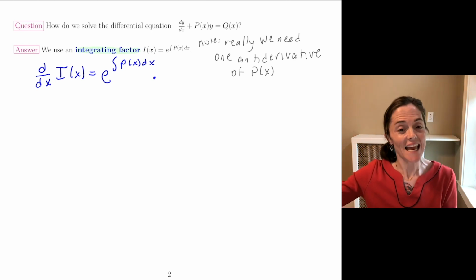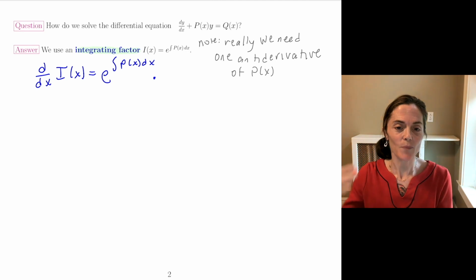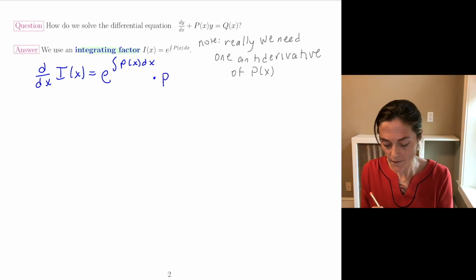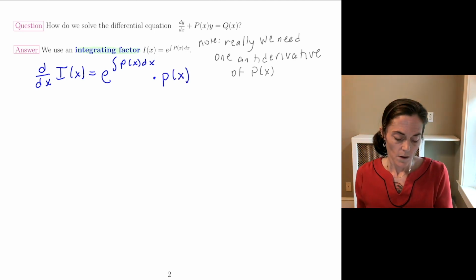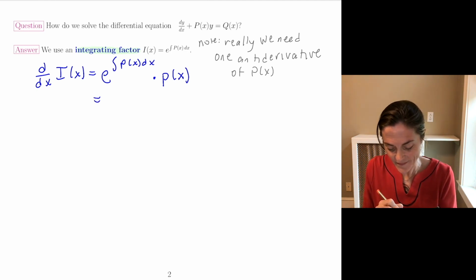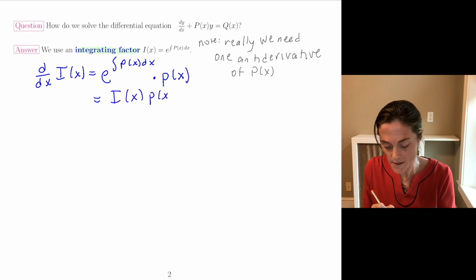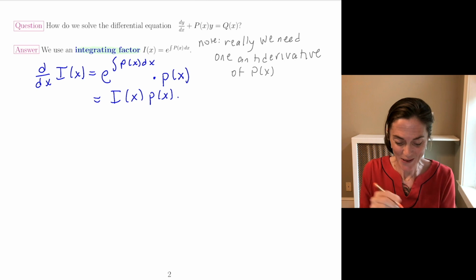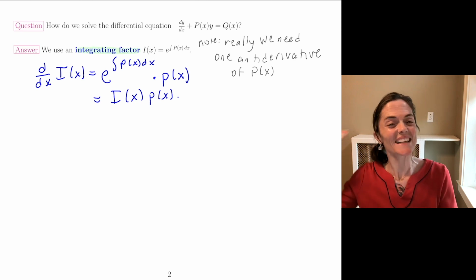When you differentiate an antiderivative of p of x, we just get p of x. Okay, so we could also write this as I of x times p of x.